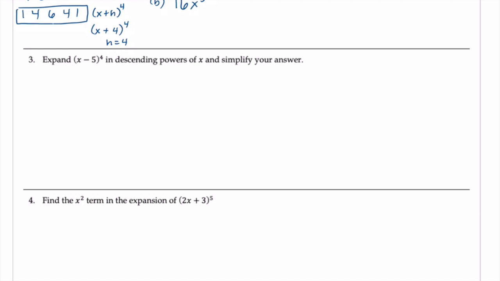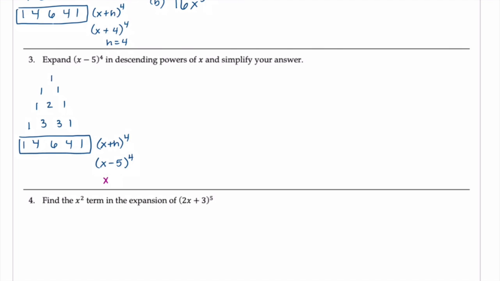So for number 3, we want to expand x minus 5 to the fourth power in descending powers of x and simplify my answer. So I'm going to do the same thing I just did with my triangle. Set myself up just so I have my leading coefficients. All right, so here is the x plus h to the fourth power coefficients, and I have been given x minus 5, which means that our h is a negative 5.